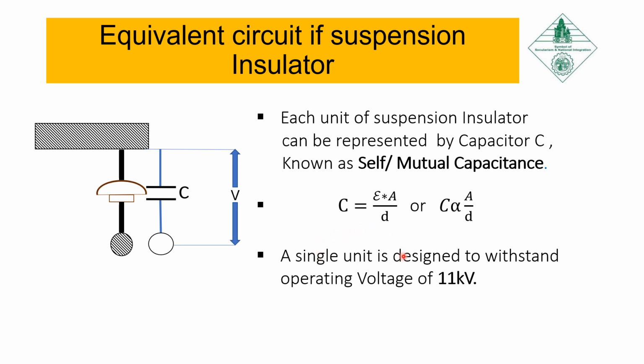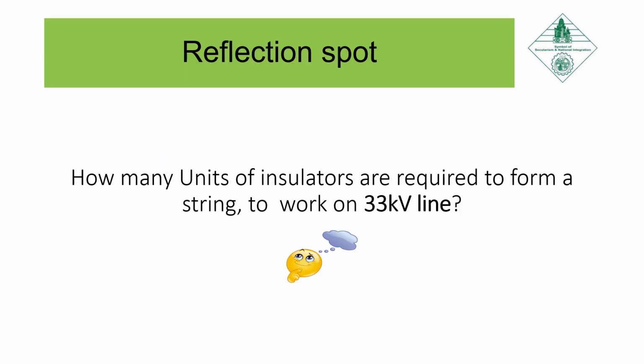A single unit is designed to withstand operating voltage of 11 kV. Think and write the answer for the question given on the screen. How many units of insulators are required to form a string to work on 33 kV line? Write your answer in notebook.